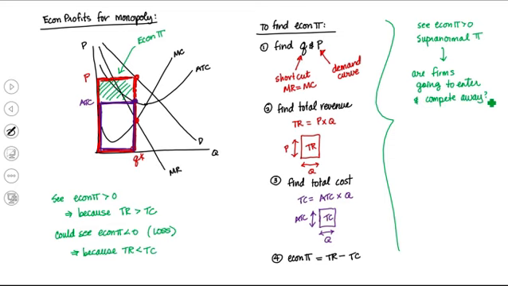What's the answer? Yes or no? Are firms going to enter and compete these away in the monopoly? Are you sure? What's one of our assumptions? Barriers to entry. So the answer is no, they're not going to be able to enter and compete these away. Why not? Well, because barriers to entry exist.